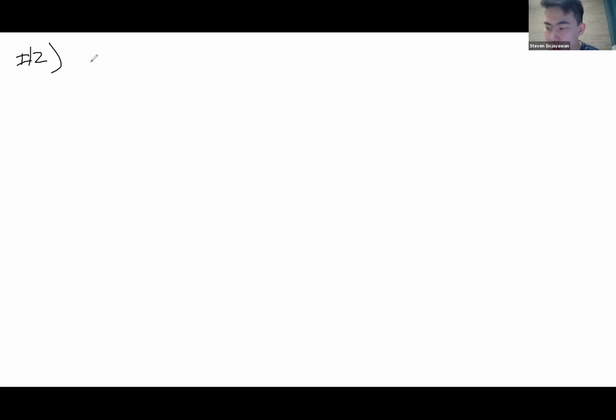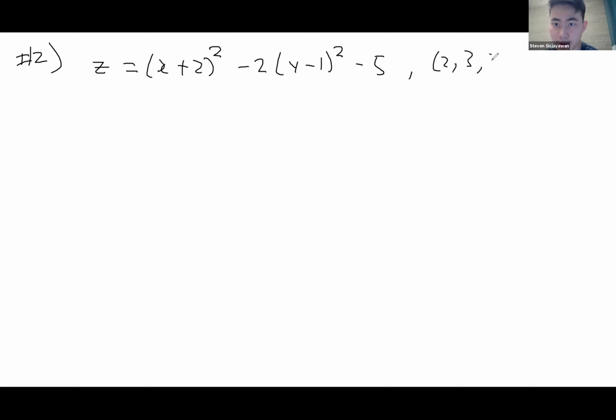Number 2 states that z is equal to (x plus 2) squared minus (2y minus 1) squared, and then minus 5. It tells us to find the tangent plane to the given surface at the specified point (2, 3, 3).